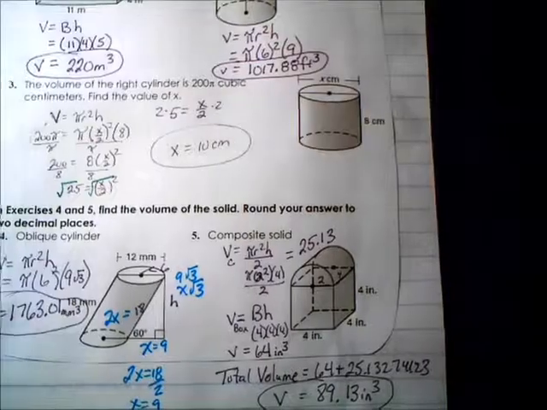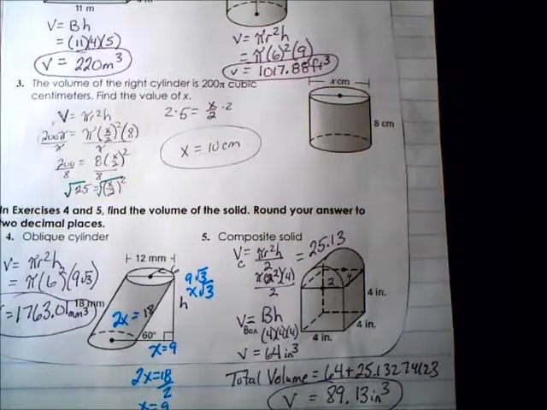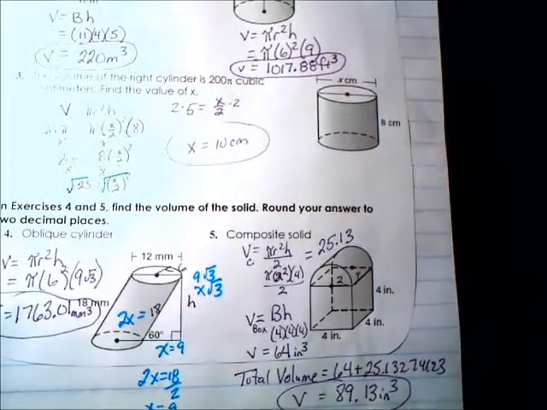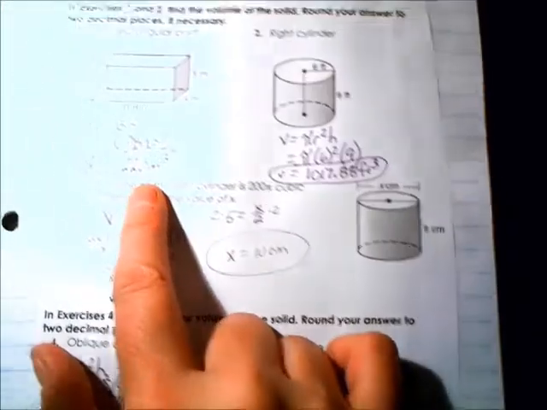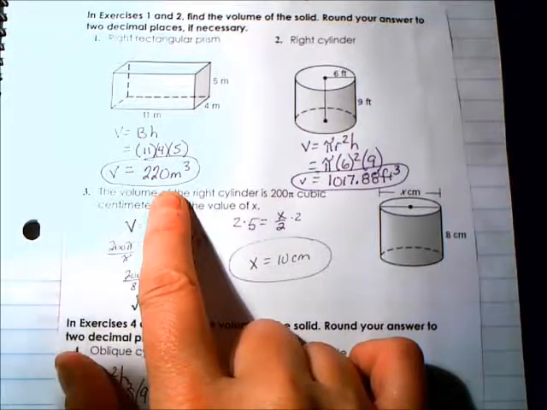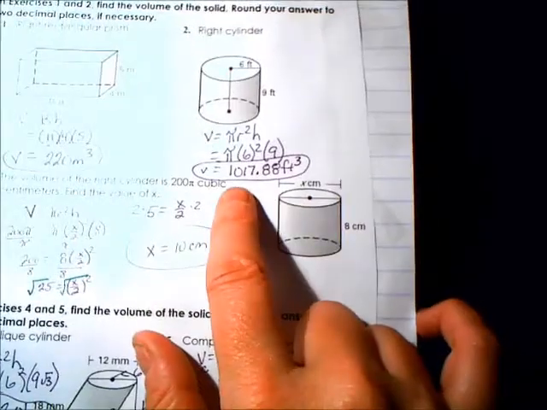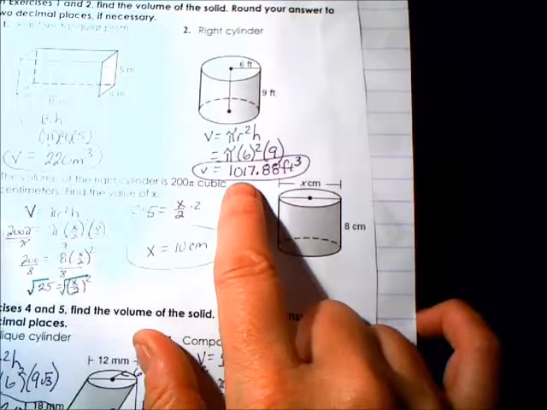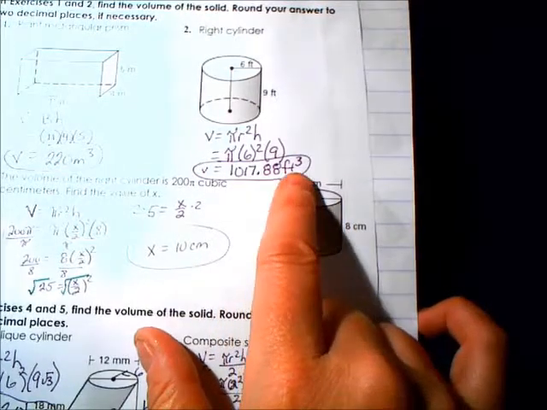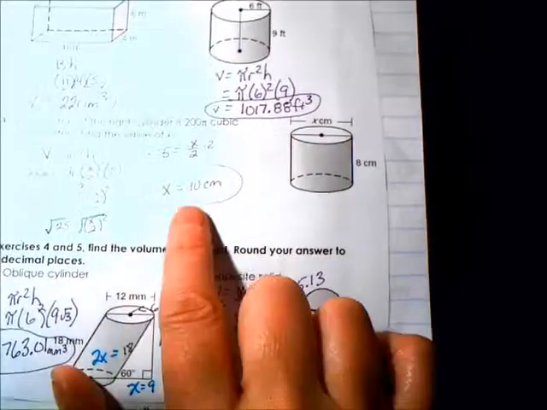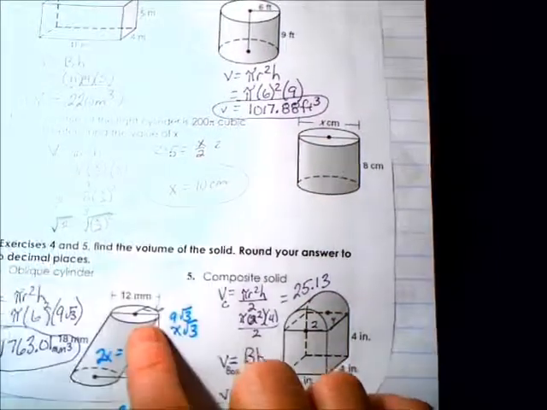Okay, if you got these correct, if you look at them, number 1 was 220 meters cubed. Number 2 was 1017.88 feet cubed. Number 3 was 10 centimeters.